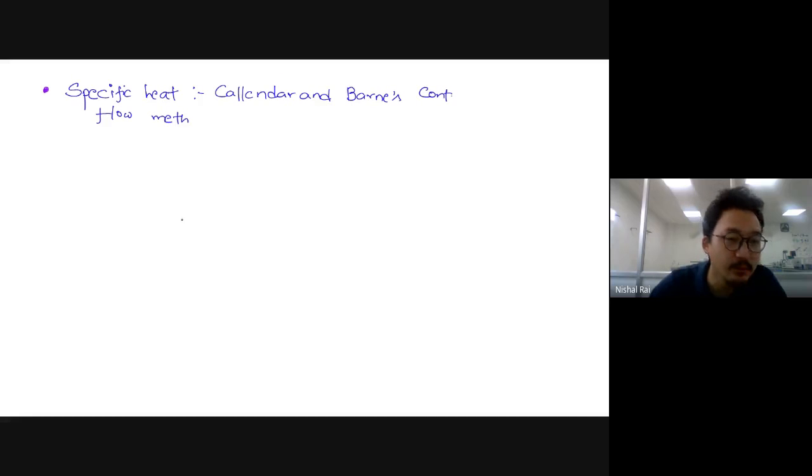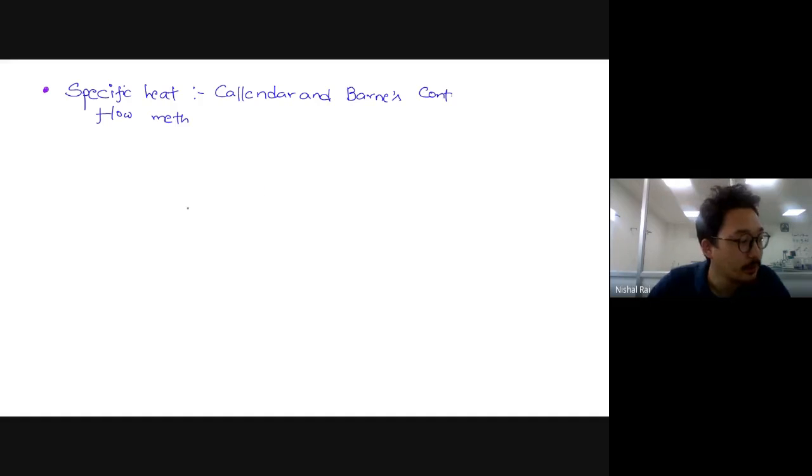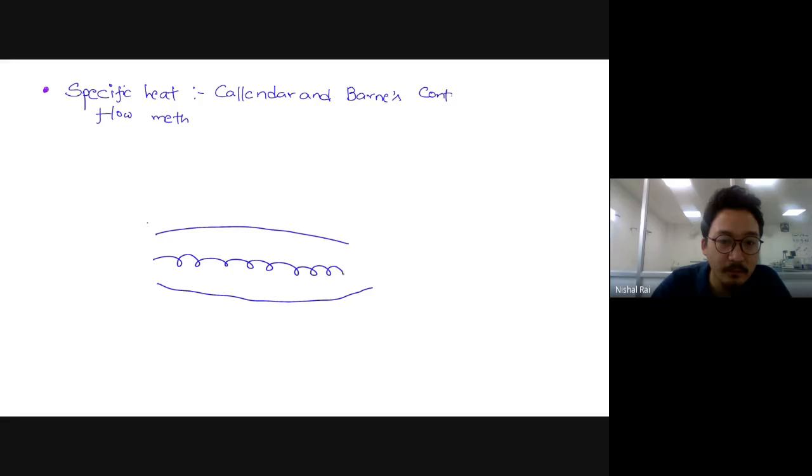In this apparatus, what do you have? You have a glass tube, and inside you have what?